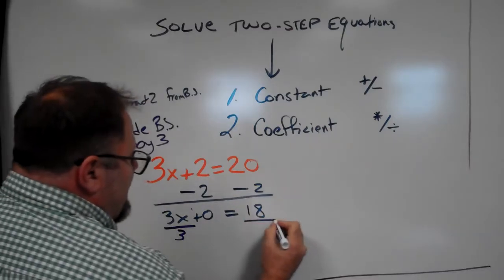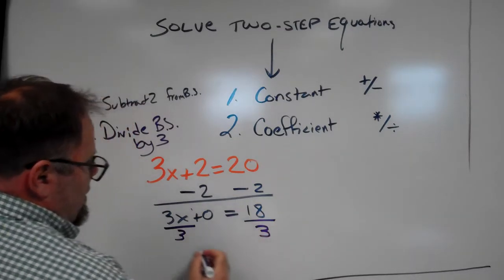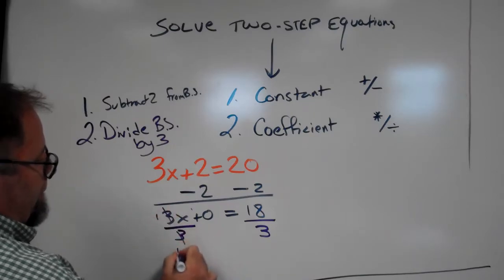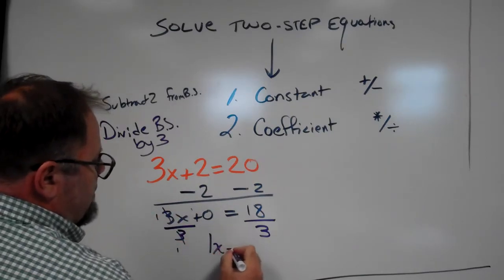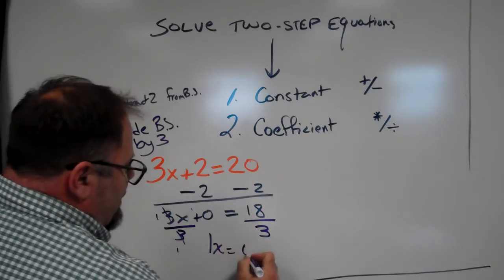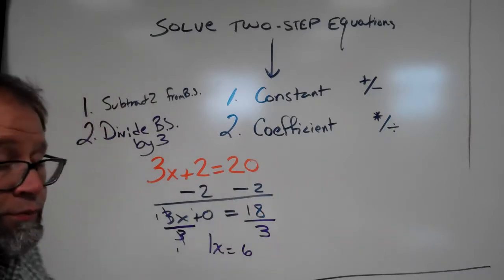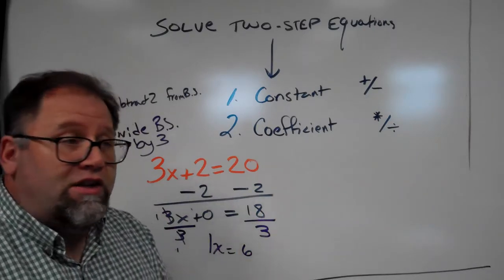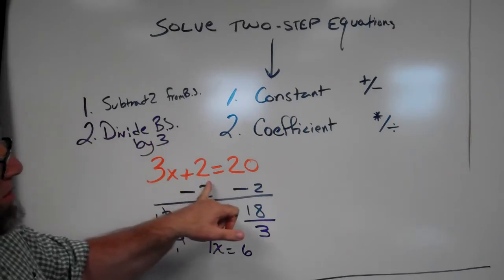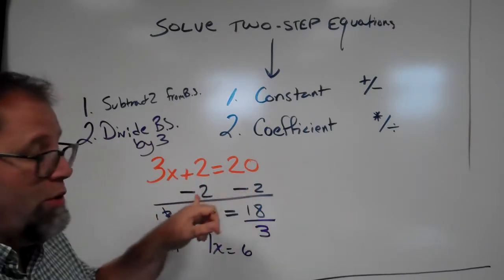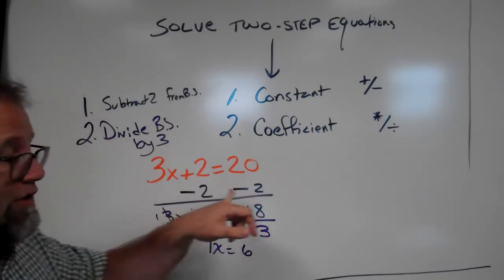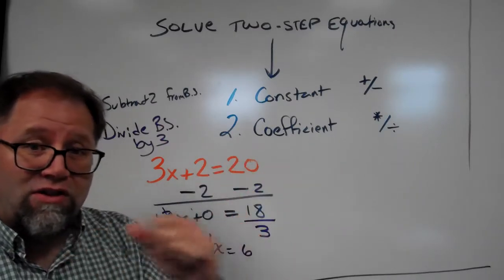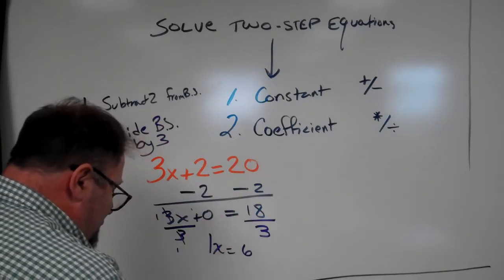And that's going to get me to that 1x. So 3 divided by 3 leaves me 1x, and 18 divided by 3 gives me 6. There. So just looking at the equation here, I'm going to bring in that negative 2 to both sides, and then I'm going to divide by 3. And I've got it. So then I can just do the math. I don't have to worry about the steps.